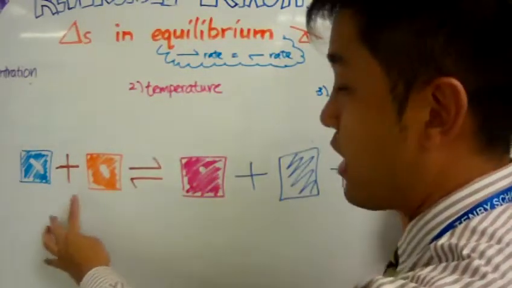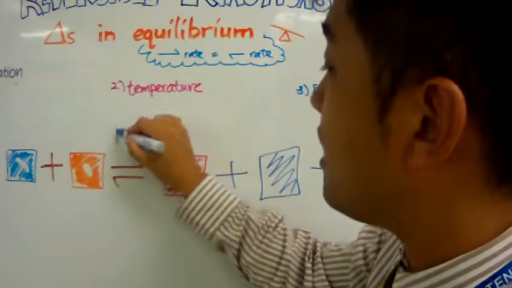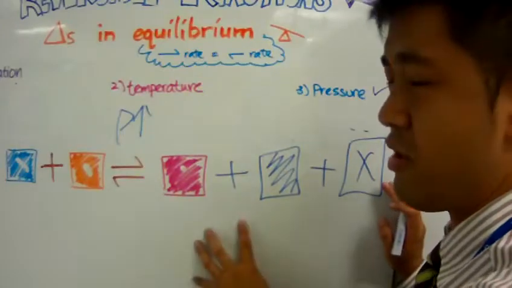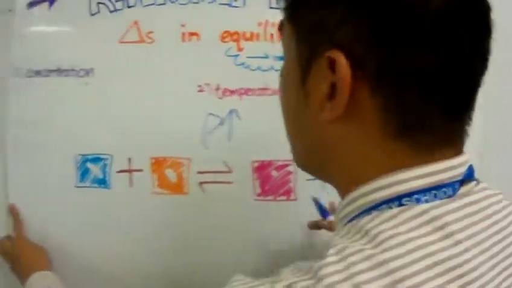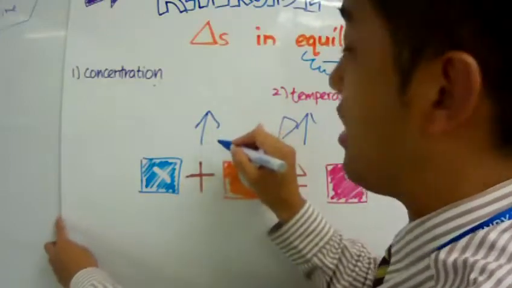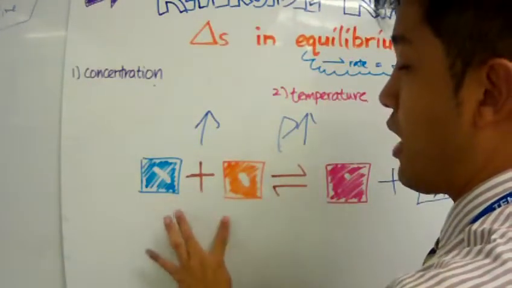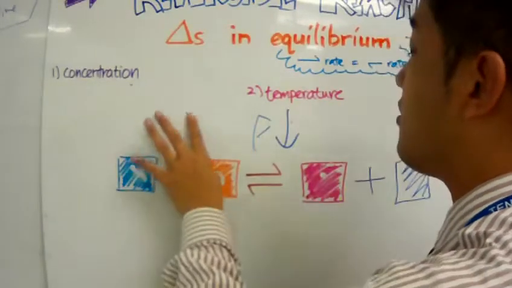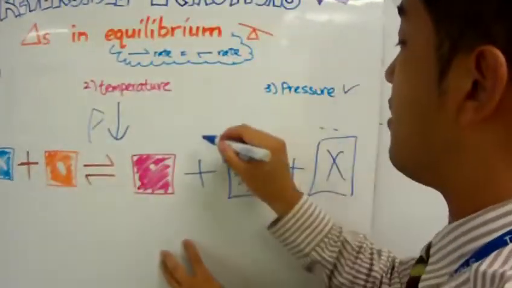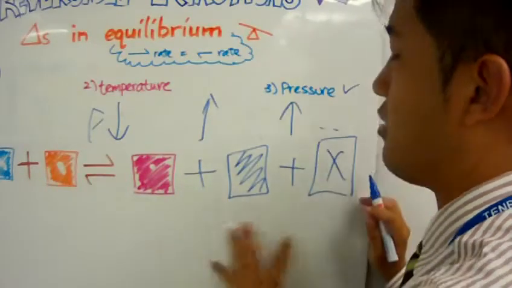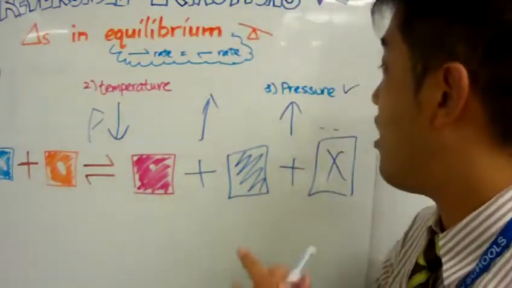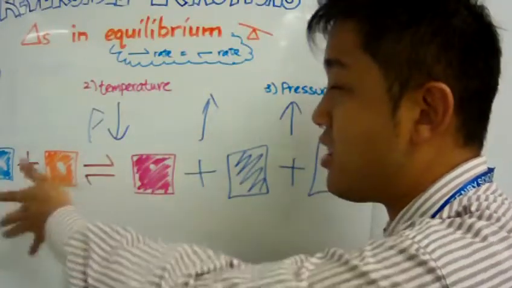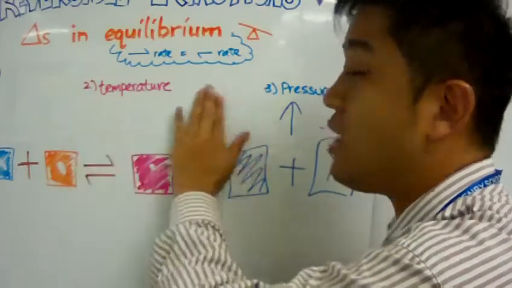So let's say the two reactants make three different products. If you increase the pressure, what is going to happen is that there's three of these things on the right side and two on the left side. So the system is going to react to make more of these blue and orange. But if you decrease the pressure, that means you increase the volume of the vessel, it's going to make more of these. Okay? So that is how pressure can affect the equilibrium, depending on if one of these reactants or products happens to be a gas.